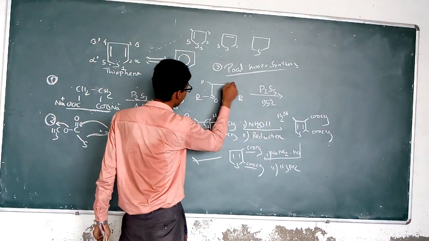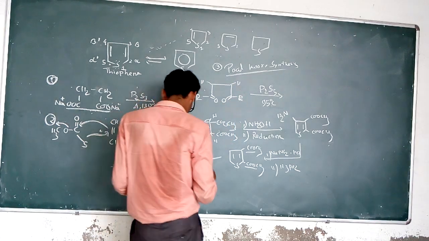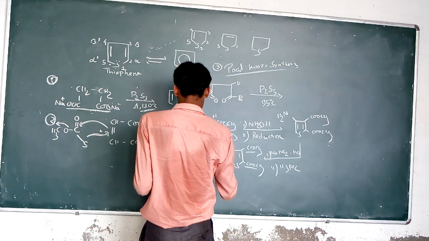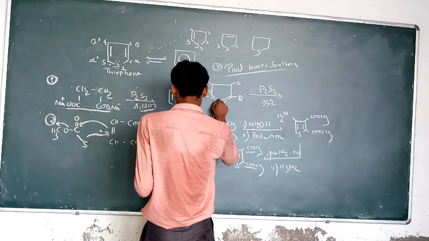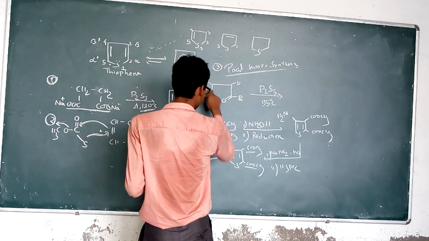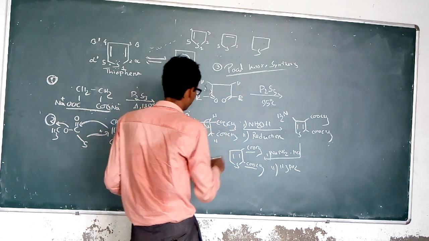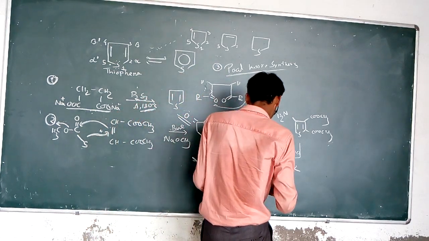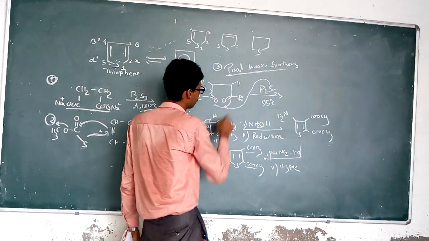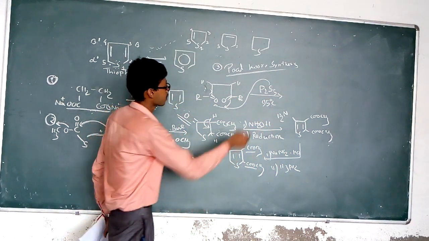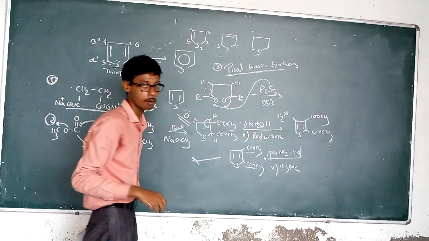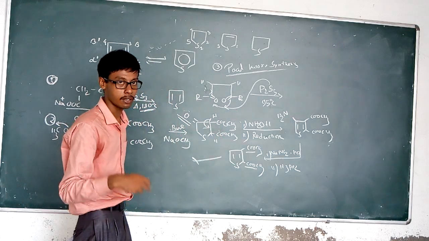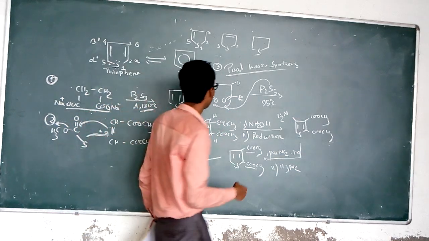This carbon has a hydrogen, and this one also has a hydrogen. So this hydrogen forms a bond, and this hydrogen forms a bond with the next one. Sulfur attacks at the carbonyl double bond oxygen position, and this oxygen opens up. So the sulfur attacks one carbonyl, and the other carbonyl group opens to form the hydroxyl.